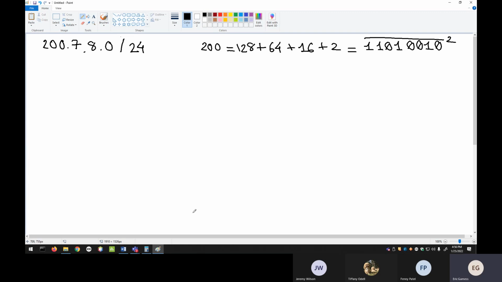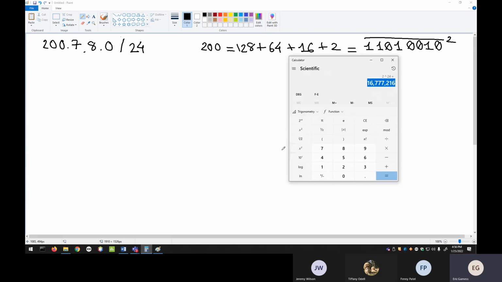Let me just verify it, because nobody says yes. I want to be sure we work with something that is correct. So 200 in binary is C8. So this is not 200. 200 in binary is C8, it must be 1100 1000.